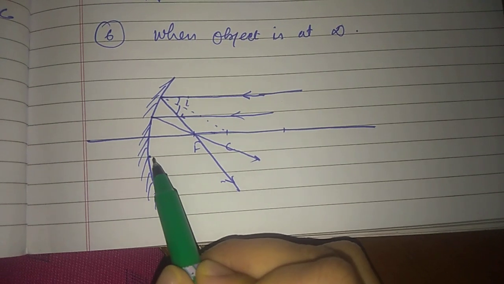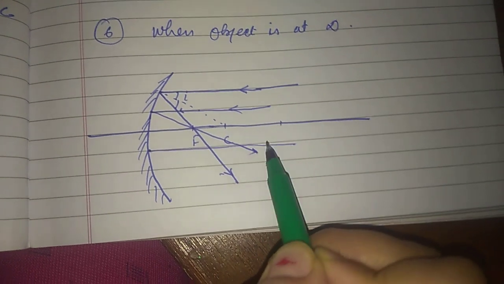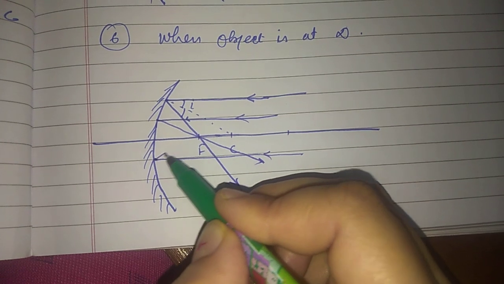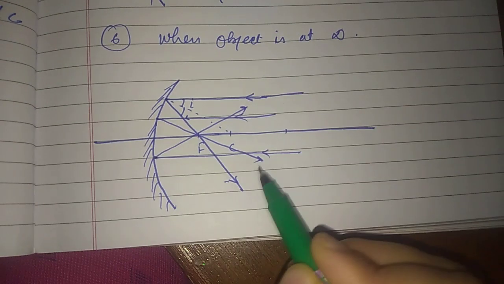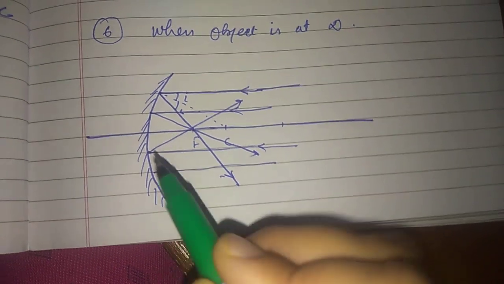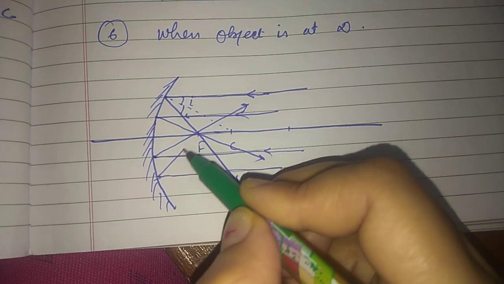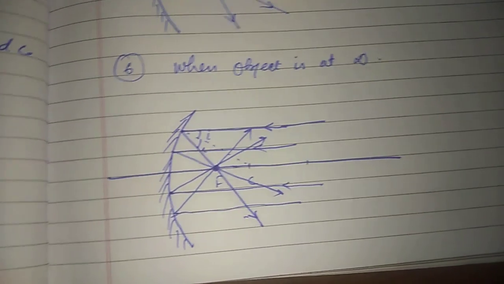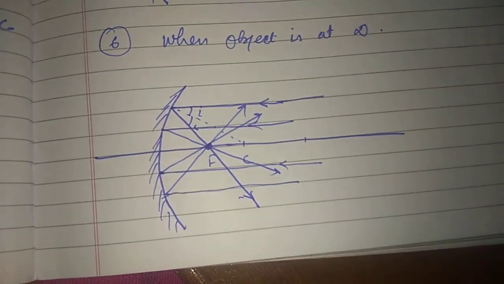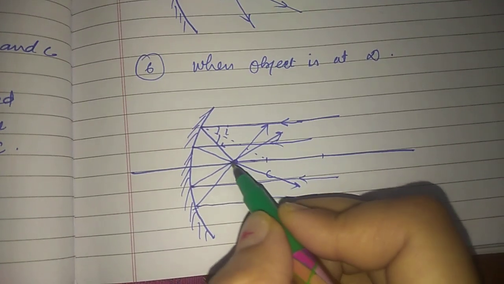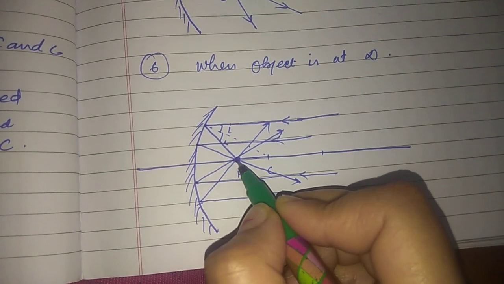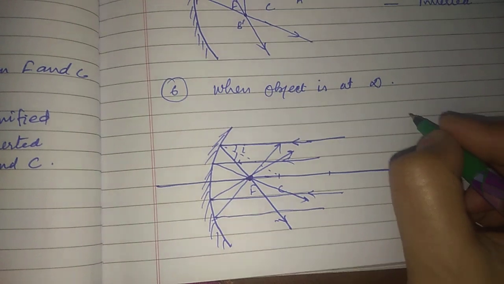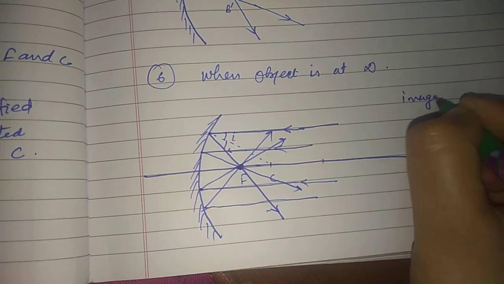Similarly at this point, any parallel ray. So all these rays from the object which is at infinity are going to meet at the focus. So here all the rays are going to meet at this point, the focus. So the image here would be at the focus.